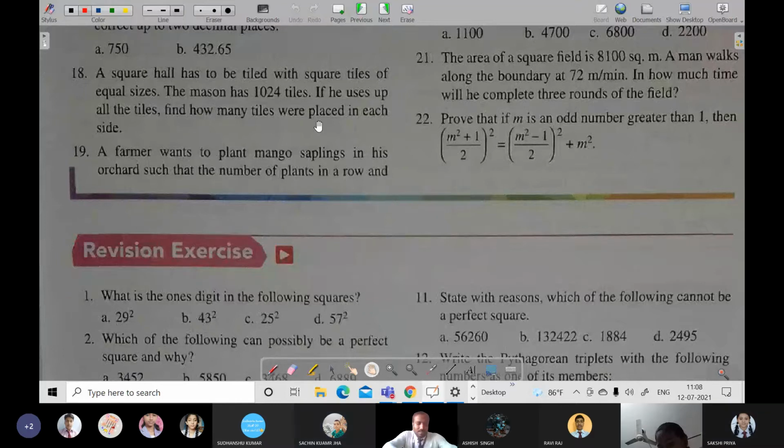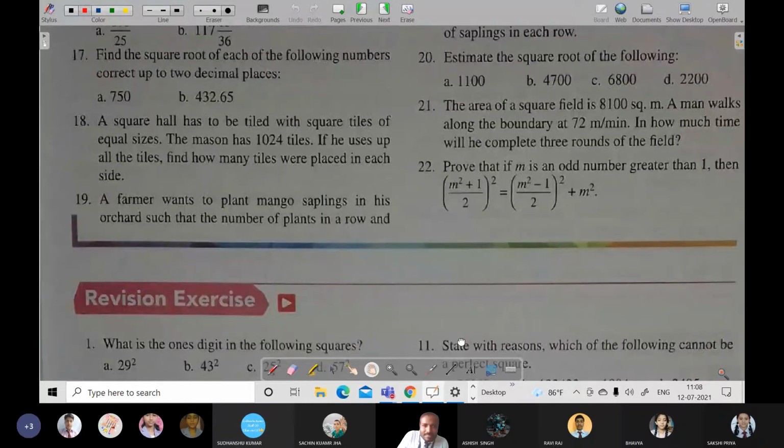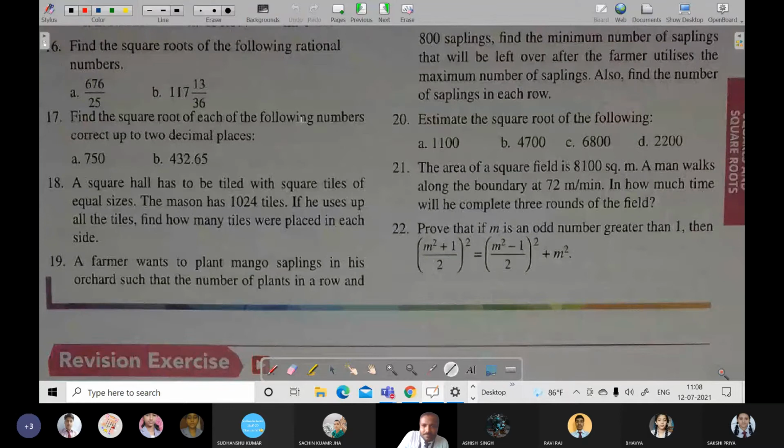It is a square hall with square tiles. Now in a square hall, what will happen? As many tiles as are required on one side, the same number of tiles will be on the other side also.